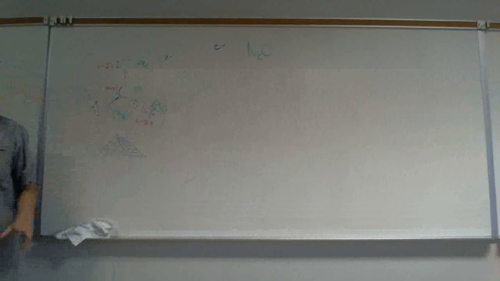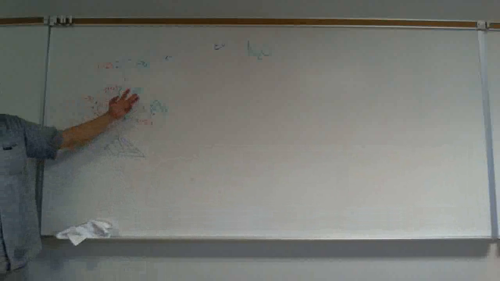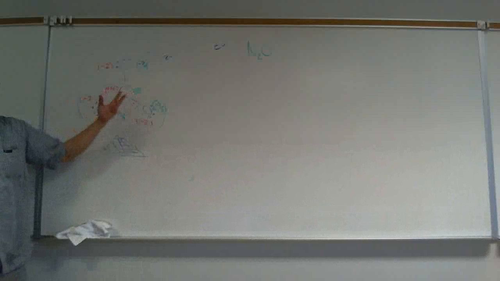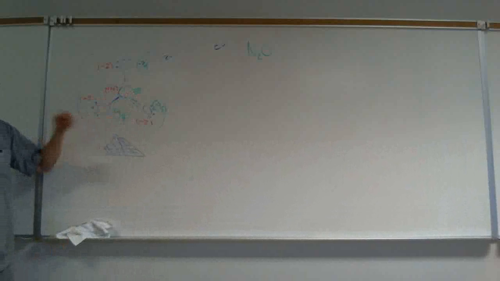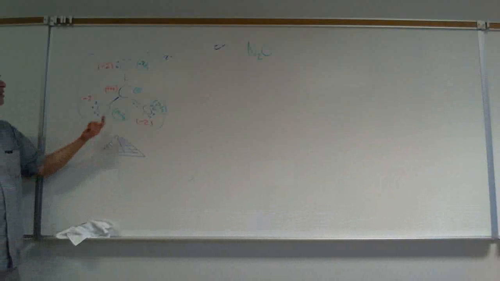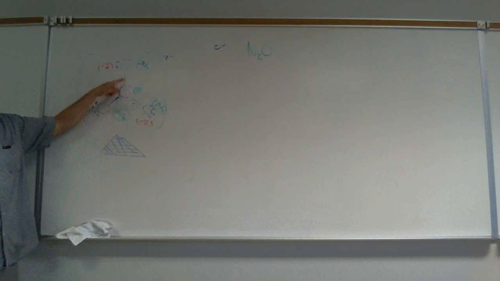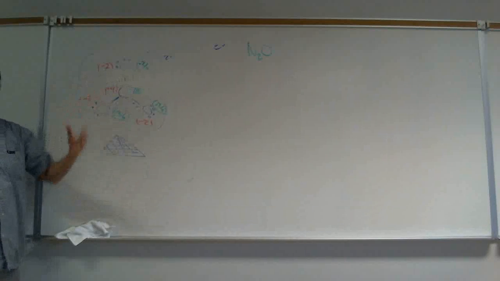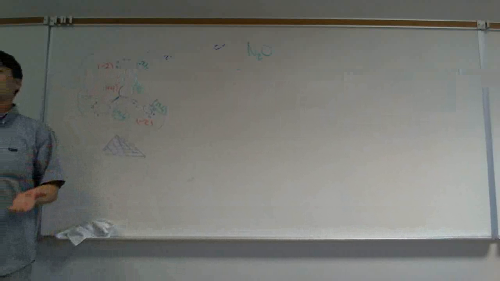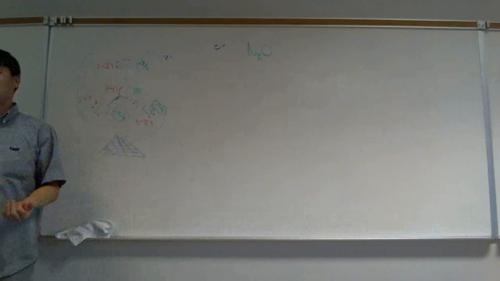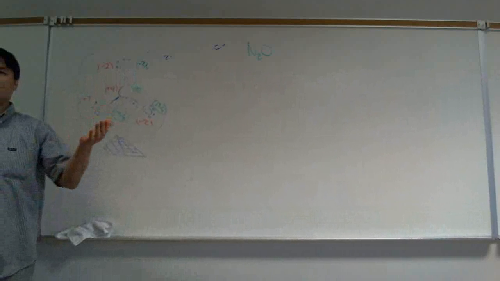Do we compare the red numbers with the green numbers? Never. We can compare red numbers with red numbers, and then we're a bit more specific here. And so what this says is this: this bond is polar covalent, correct? Polar covalent means it's between the extremes of ionic and covalent.